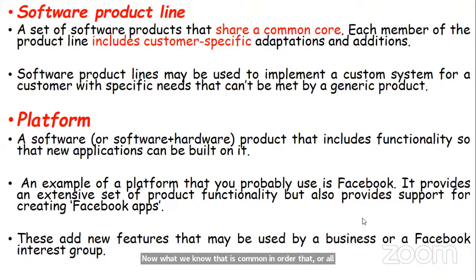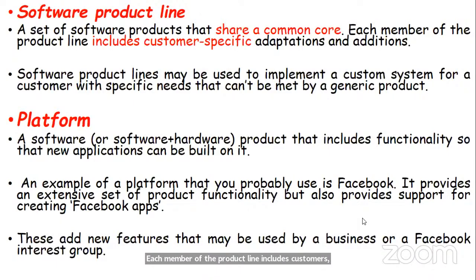So they share a common core. They must have an engine. Now, the engine can be specific, either V4 or V6, right? So each member of the product line includes customer-specific adaptation and addition.